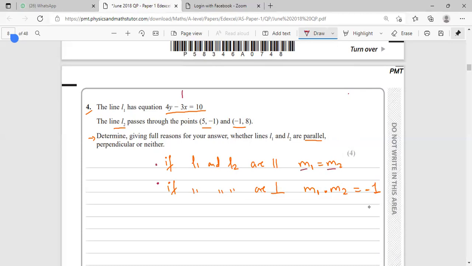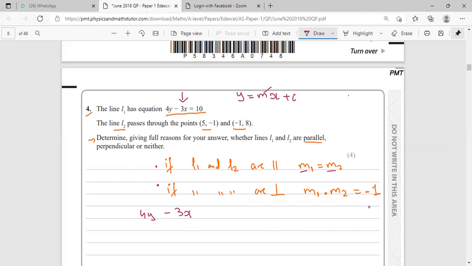So we will find M1 using this equation. I have to rewrite it because equation of a straight line is in this form, mx plus c, and this m is the gradient, right? So we have 4y minus 3x equals 10. I need to write it in this form just so I have my m.